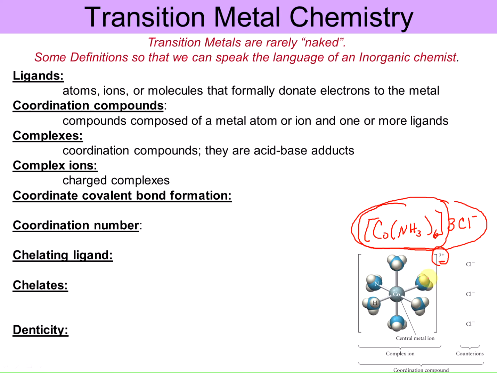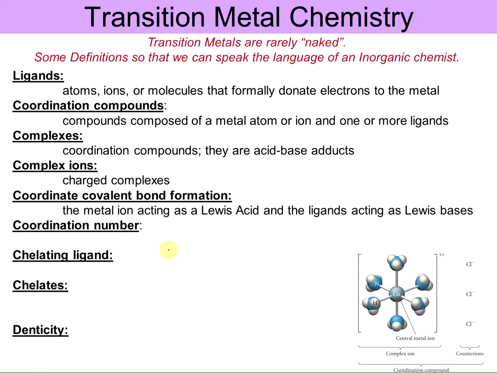Now when that amine, let me erase what's on my slide. When that amine binds to the cobalt, that ammonia molecule has a lone pair, and it donates electron density to the metal, or let's just go ahead and write cobalt.